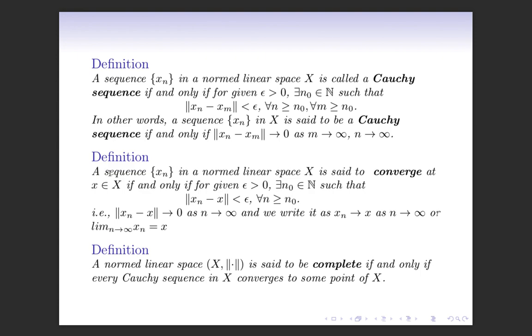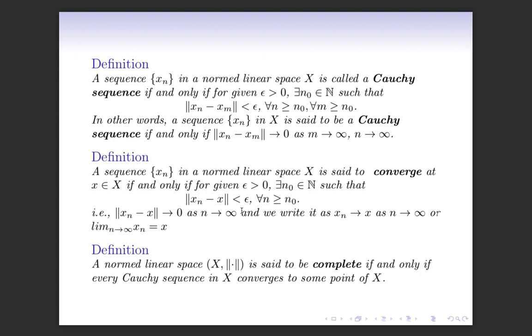Because a sequence xn in a metric space X is said to converge to x if for given epsilon greater than 0 there exists n naught, a natural number, such that d of xn comma x is less than epsilon.